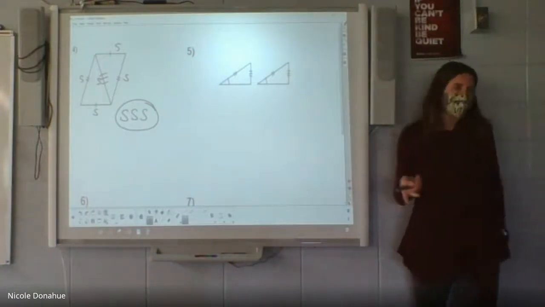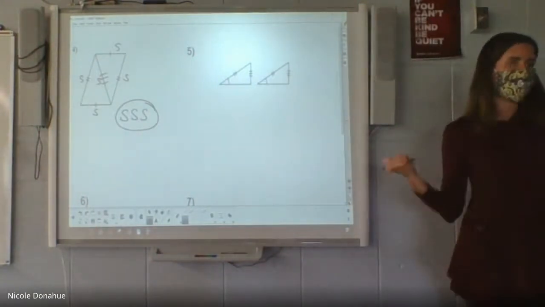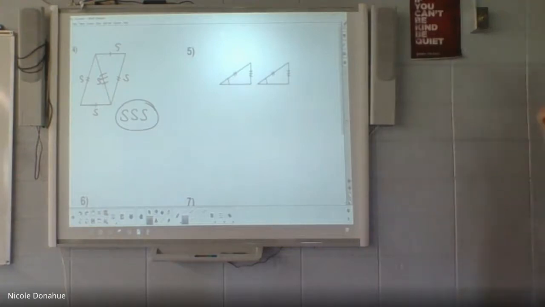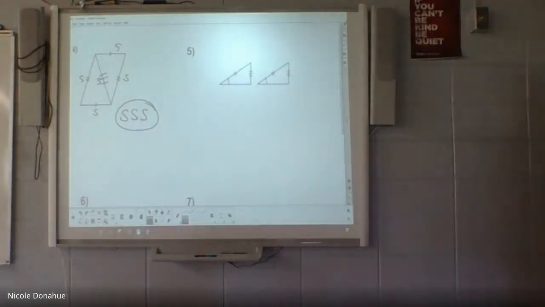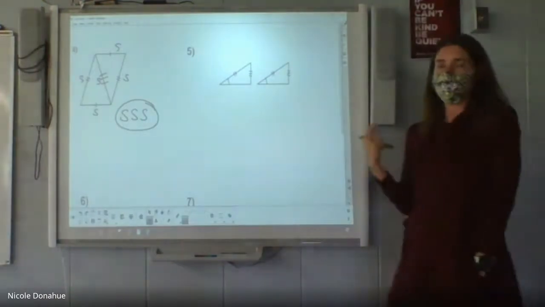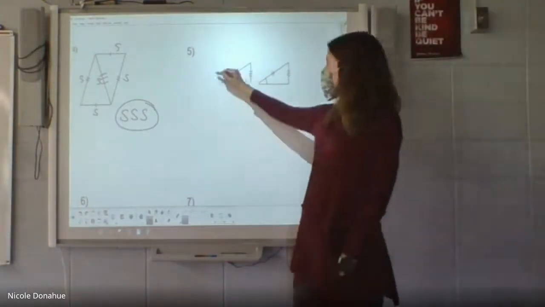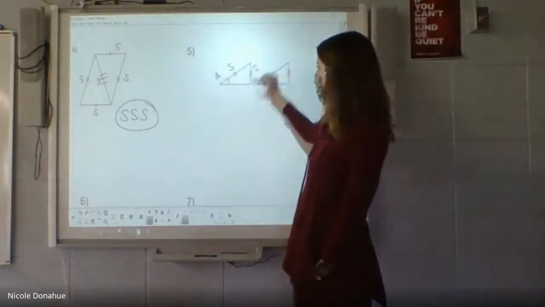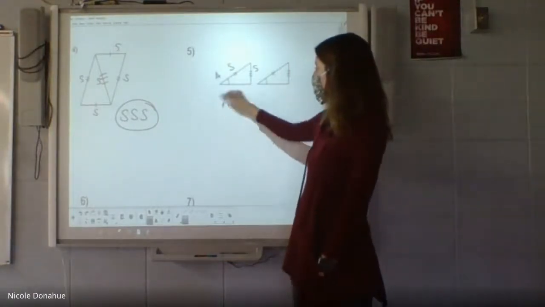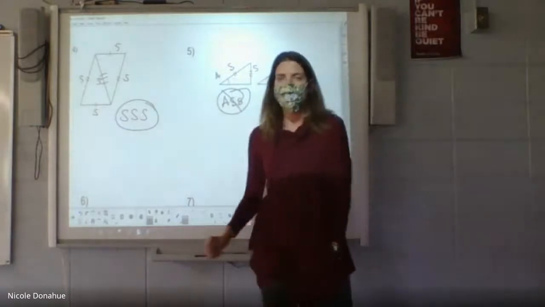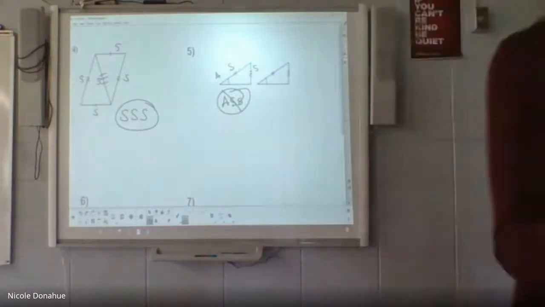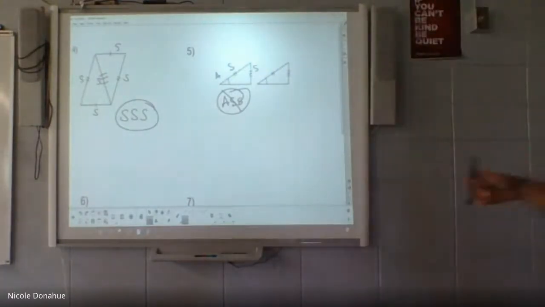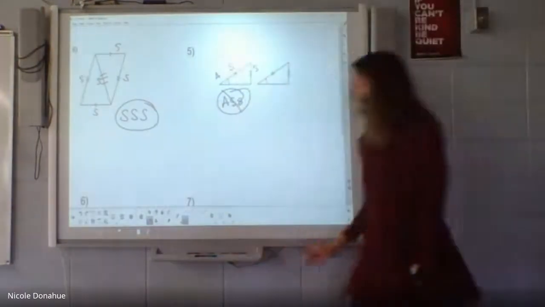My other class tried using hypotenuse leg. Why can't we use hypotenuse leg here? It's not necessarily a right triangle. It really looks like one, but we can't assume it is. So you can't use hypotenuse leg unless it's a right triangle. So this is an example of angle side side, and that is not okay. No donkey problems. All right, questions?